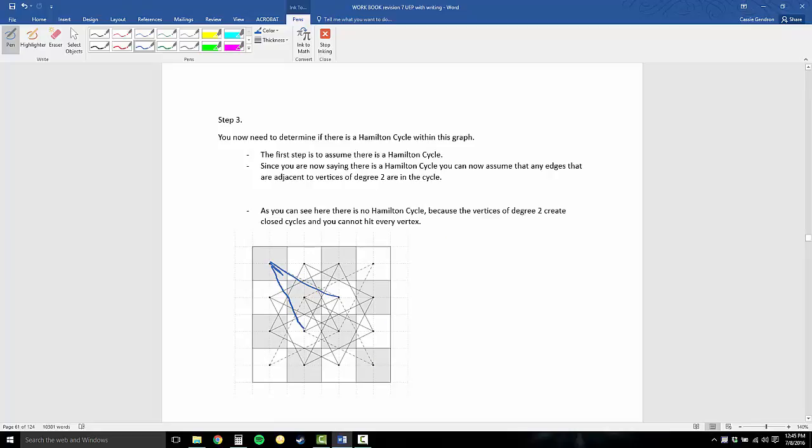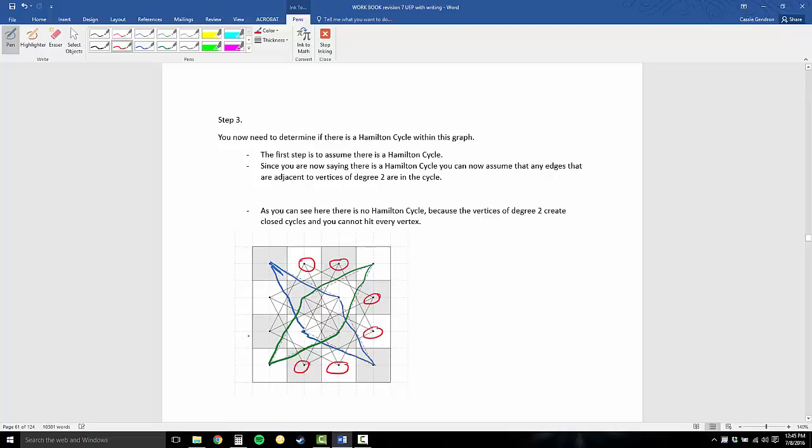If I go in and out of all of these vertices and they connect, I can't have a Hamilton cycle. So if you see a graph with vertices of degree 2, and those vertices of degree 2 connect, and all other vertices in the graph are ignored, you cannot say you have a Hamilton cycle.